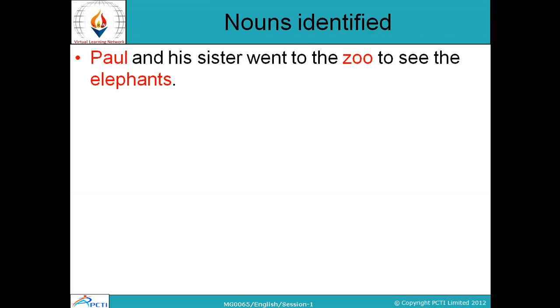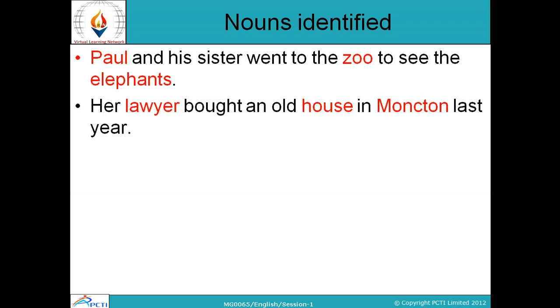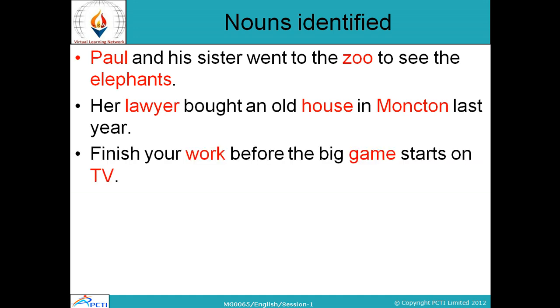Now here nouns are all the words which are highlighted in red. Like in the first sentence, Paul, zoo and elephants. In the second sentence, lawyer, house, and the name of the place, that is Moncton, that is also a noun. Finish your work.